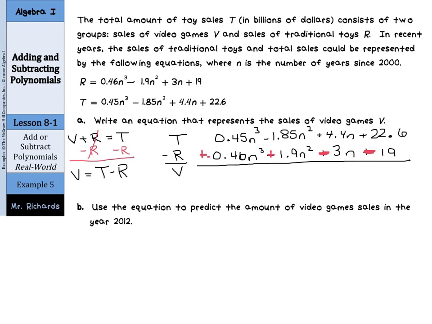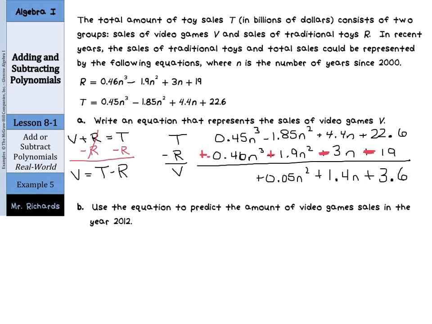And now we get to add these together. So we have 22 6/10 plus a negative 19, and that turns out to be a positive 3 6/10. Then we have 4 4/10 n plus a negative 3n, which is a positive 1 4/10 n. And then we have a negative 1.85 hundredths n squared plus 1 9/10 n squared, and that turns out to be 5 hundredths n squared.